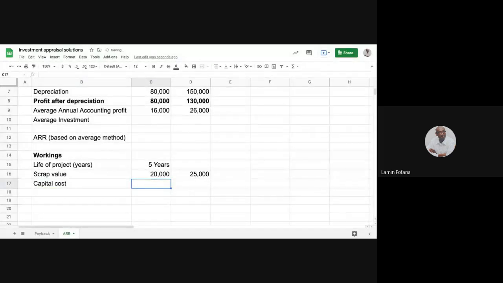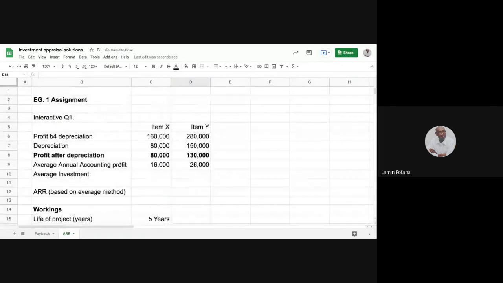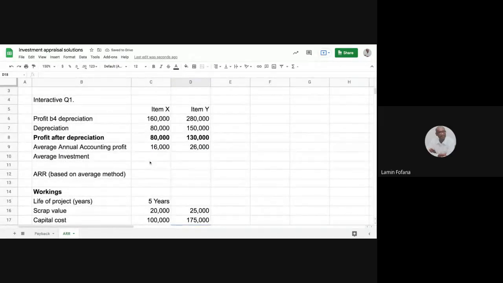The capital cost is 100,000 and 175,000. Isn't it? Yes. Okay. So now that we have all these facts, can someone give me the formula to calculate the average investment?